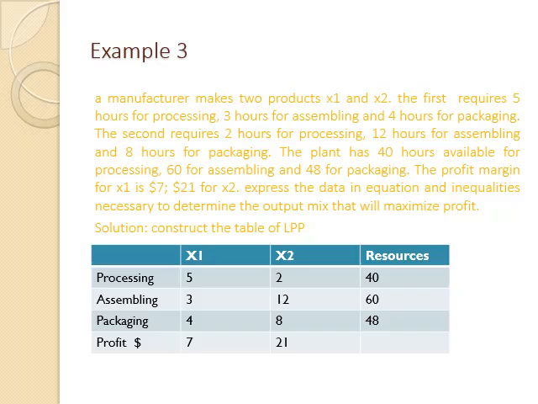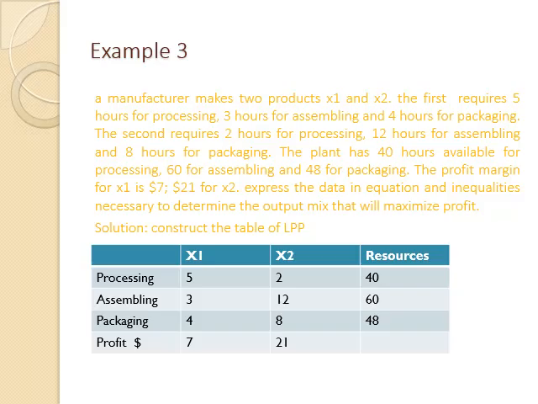Now, the profit margin for X1 is $7, $21 for X2. So $7 and $21 are the coefficients of X1 and X2. We mentioned before, $7 is instead of C1 and $21 is instead of C2.